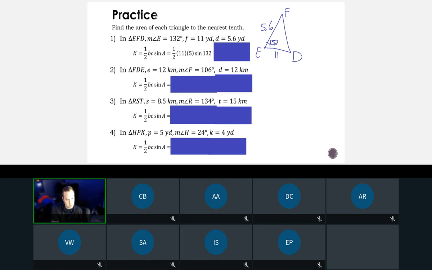And make sure that we are still in degree mode. Whenever doing trig problems, you always want to look at the problem and say, hey, should I be in degree or radians? As of the last few days, we've been in degree mode. 20.4. All right. I typed it right. Nice job. So it's 20.4 square yards or yards square. Same difference.